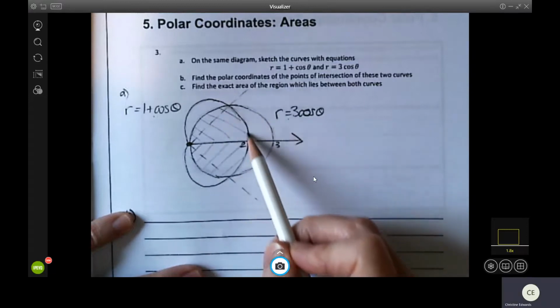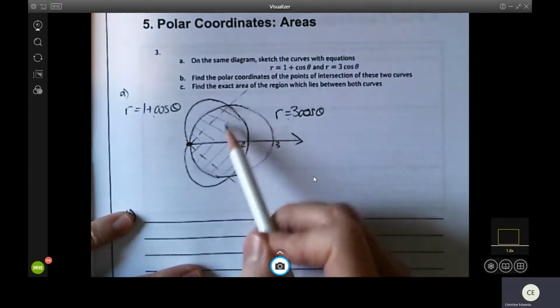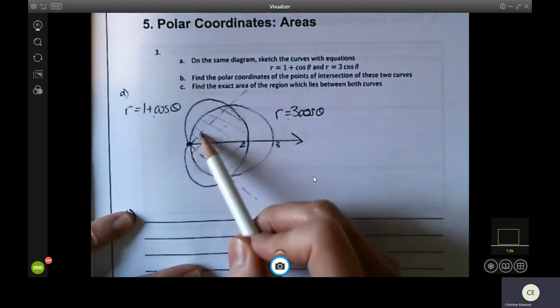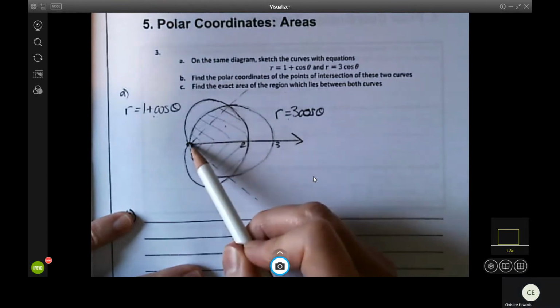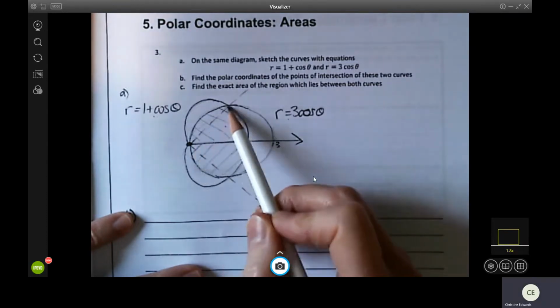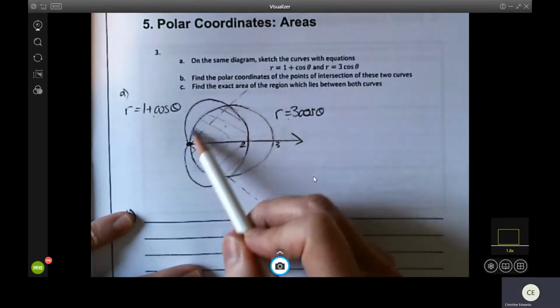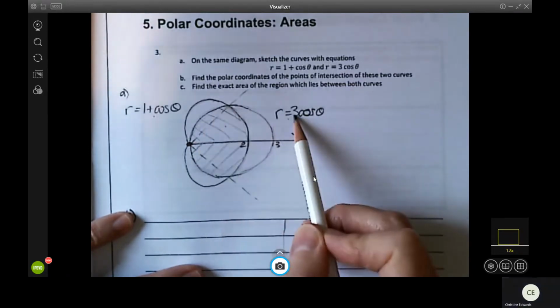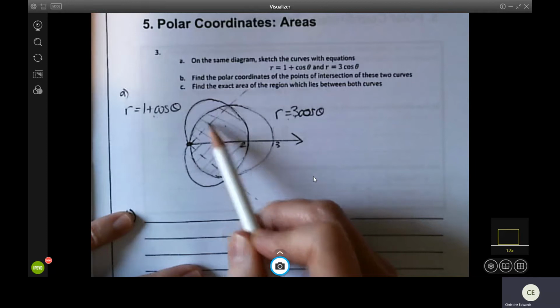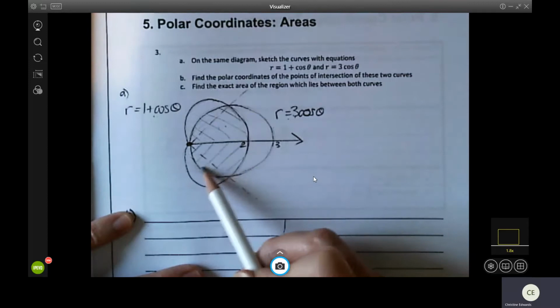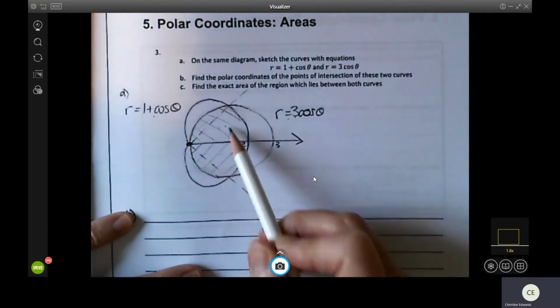That's going to be the area created by the cardioid. I'm then also going to need this area above this line, and that is going to be from this curve, and this curve is the circle. So I'm going to need to find both these areas and add them together. And then I also want the area underneath the initial line, so I will double it.